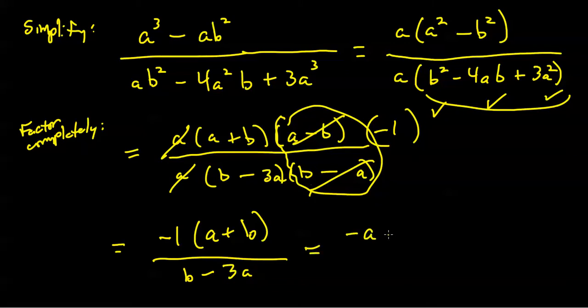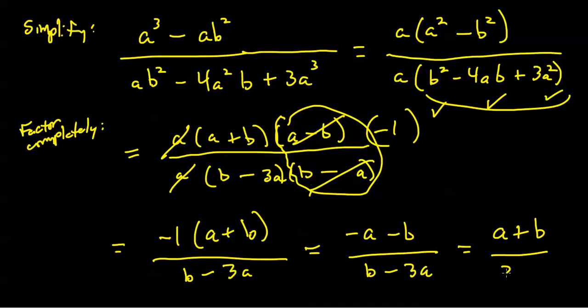Again, you could multiply that numerator through by negative 1 and get this equivalent answer. I could even absorb that negative sign in the denominator, multiplying top and bottom by negative 1, and get a plus b over, well, I could write it as the opposite of b minus 3a, which is 3a minus b.